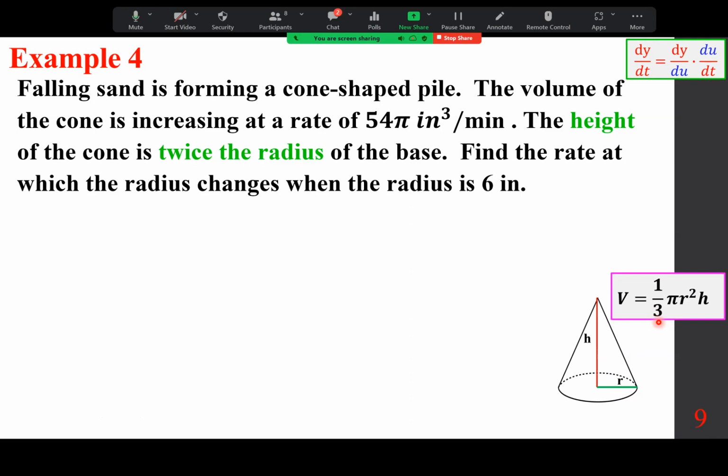Let's write everything that is given. The very first thing we see, the volume is increasing at this rate. The moment you see rate, or per minute, per week, per unit of time, we are dealing with related rates. This is dV dt.